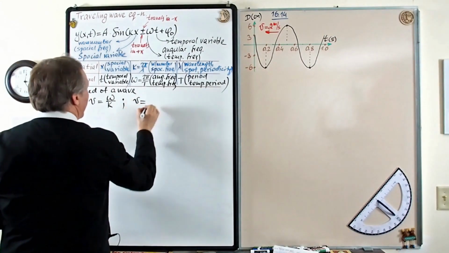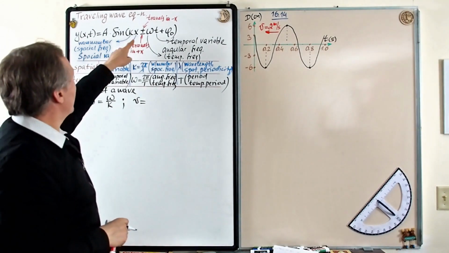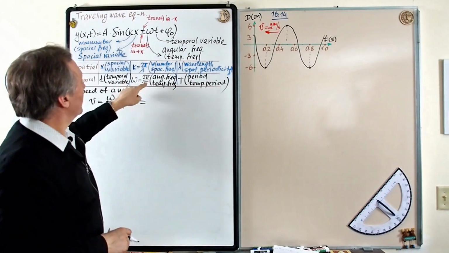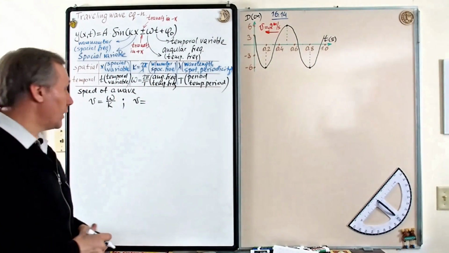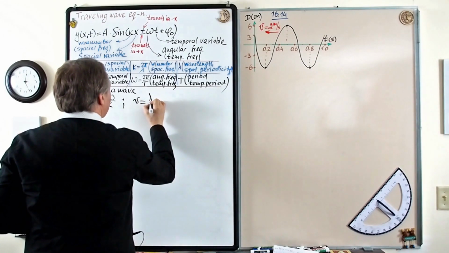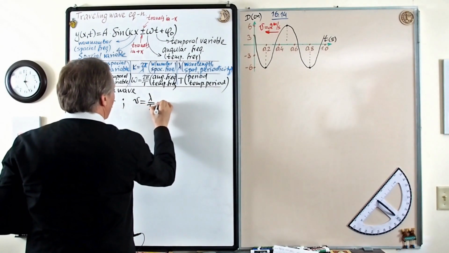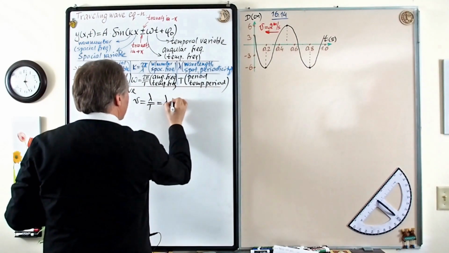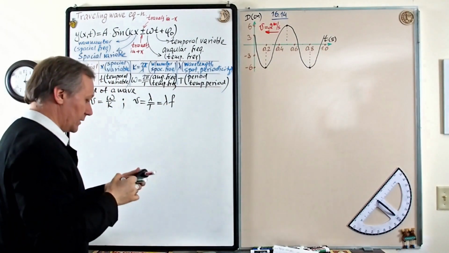The second way of finding it: if you found lambda from k, and if you found T from omega, you can find the speed like this. You need to take lambda and divide it by T. Or since T is a reciprocal of frequency f, you can also find it as lambda times f.